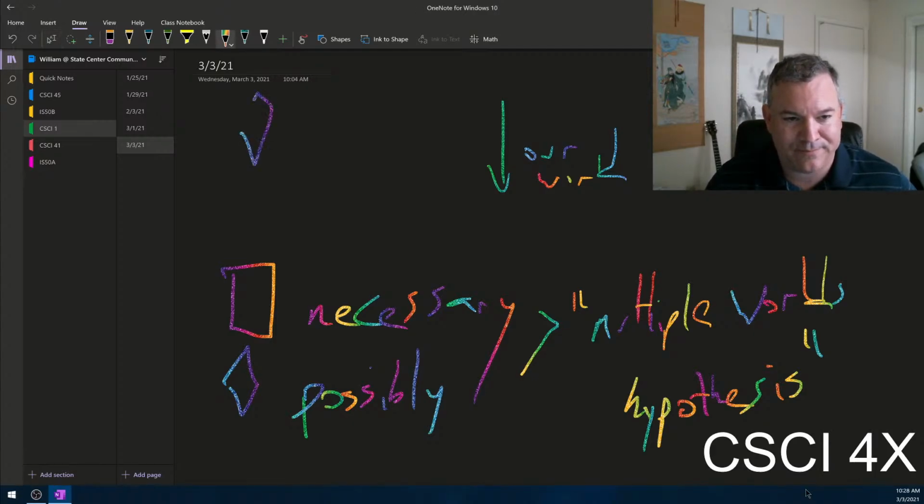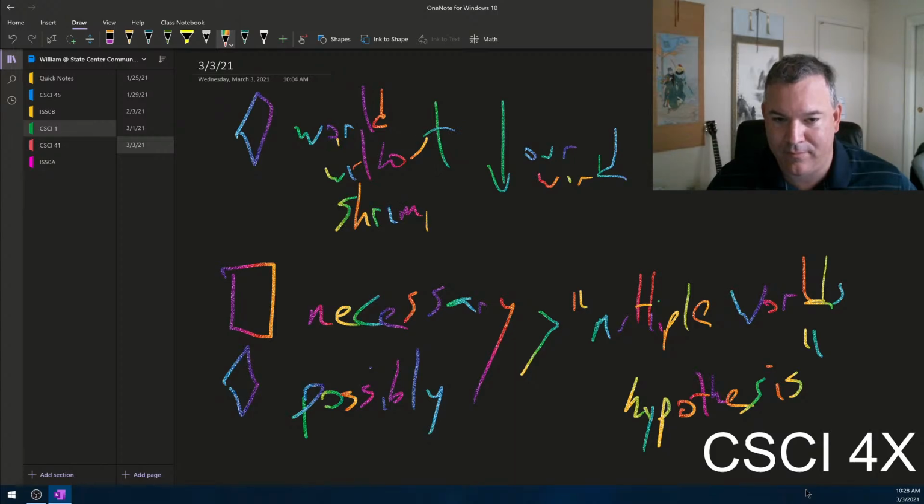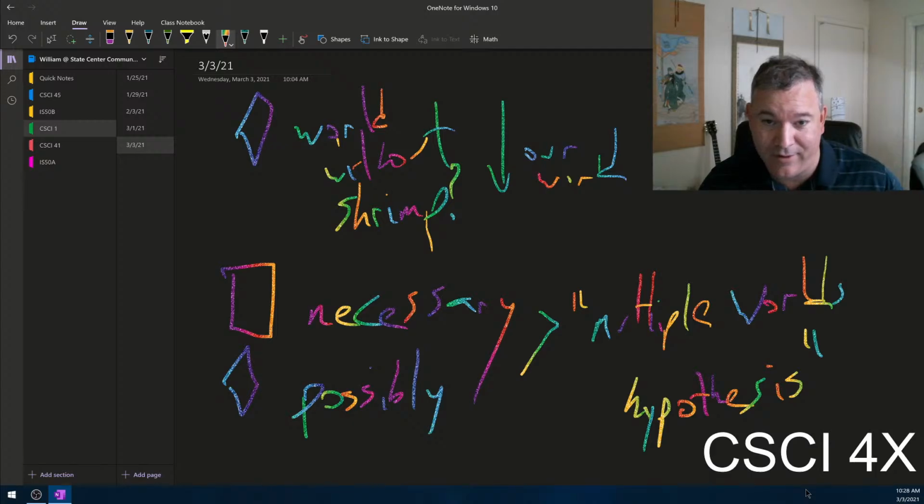Is it possible there is a world without shrimp? Exactly the same as ours, just no shrimp. What do you guys think? Do you think it's possible there is a world without shrimp?